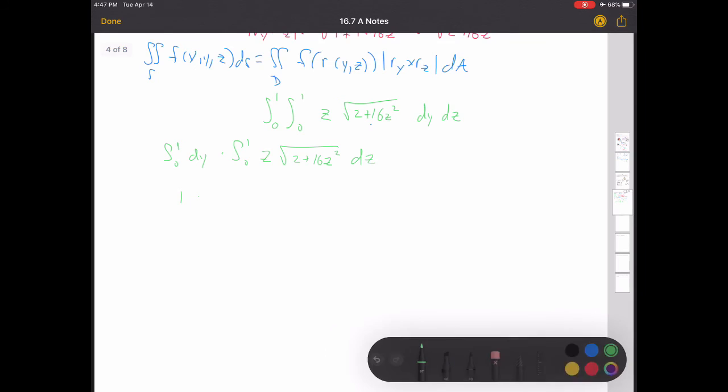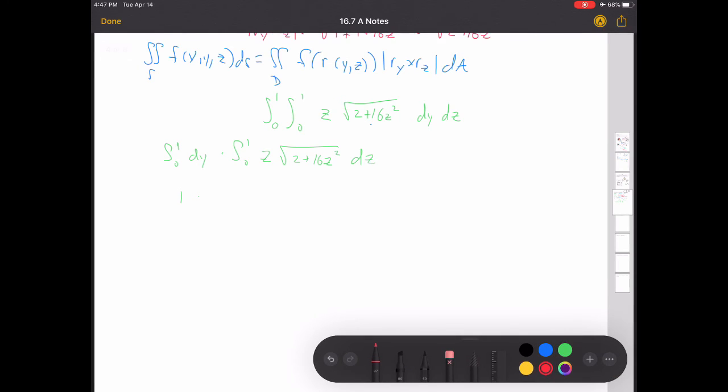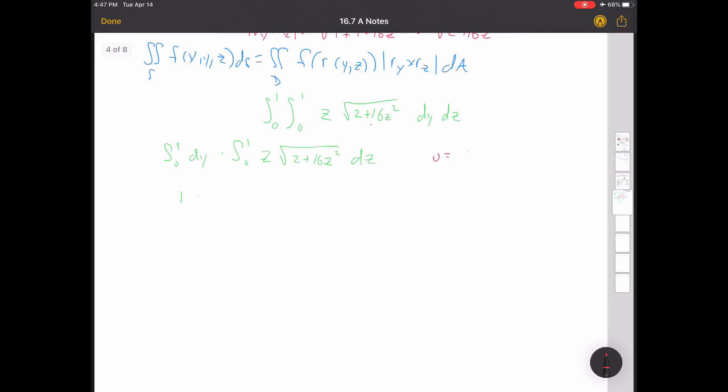The next one, we're going to have to do a u substitution. So in this case, u is going to equal 2 plus 16z squared, making du 32z dz. So dz is going to be du over 32z.